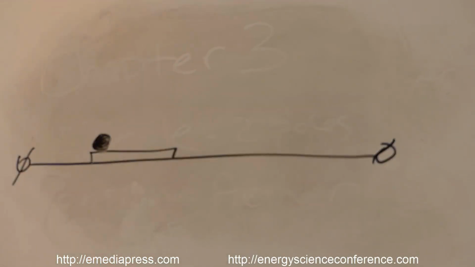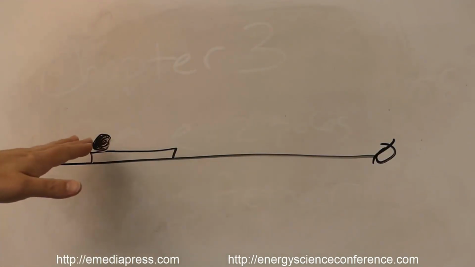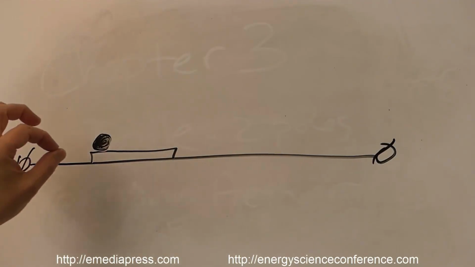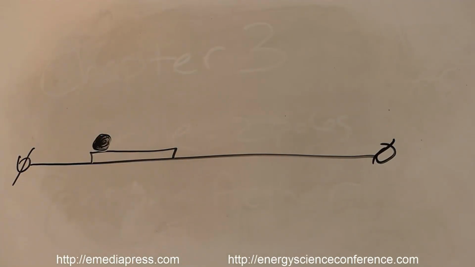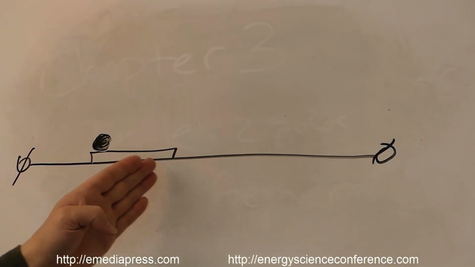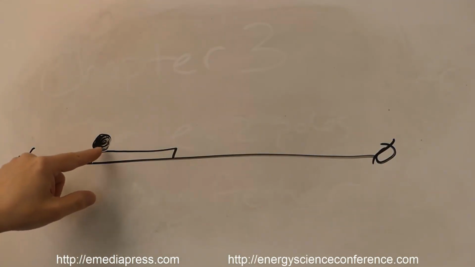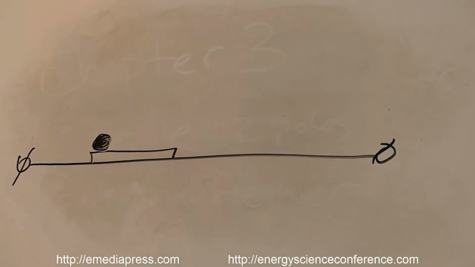Does the ball roll? Well, if this is level on flat ground and the board is flat and the ball is just sitting there and it's a perfect sphere, the ball will not roll because there is no dipole. There is no potential difference between here and here in relation to the board and its position to the ground.